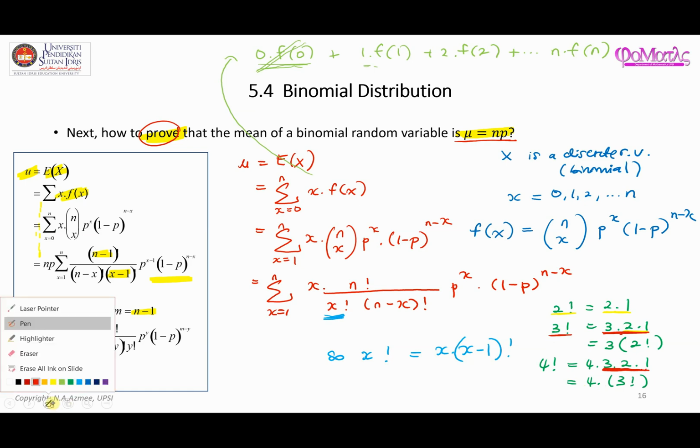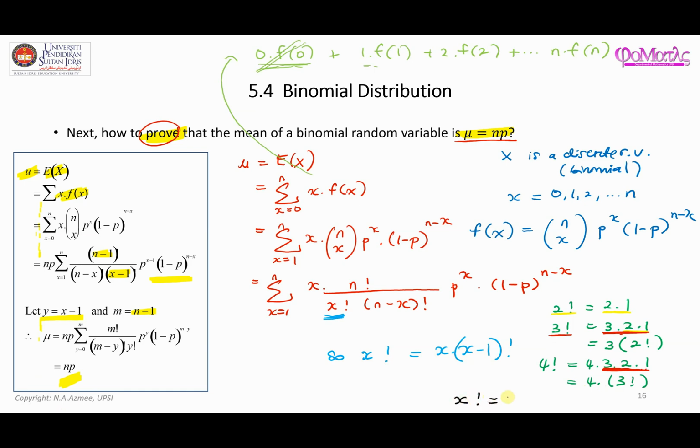Therefore, if you have x factorial, it is equal to x times one number that is reduced by it, x minus 1, times x minus 2, and you go on subtracting one more value until you reach number 1 at the end.